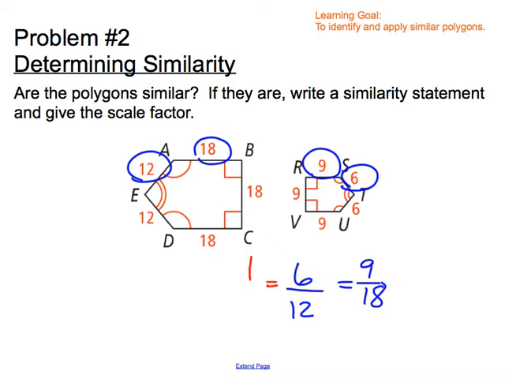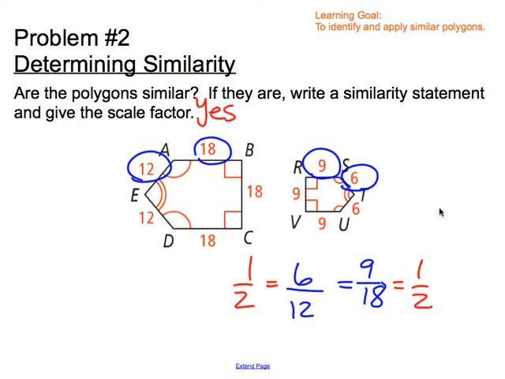Reducing both sides, we can see this is 1/2, and this is 1/2. Since both numbers are the same, the short number appears twice in both figures, and the long number appears 3 times in both figures. These polygons are in fact similar.